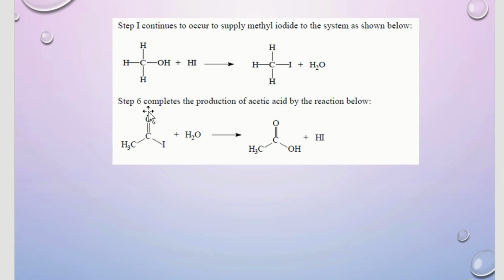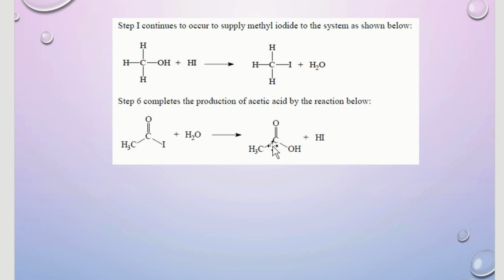And for step 6, complete the production of acetic acid by the reaction below. First, this is how the starting material can be produced, to proceed to undergo step 2, step 3, step 4, step 5 to produce our acetic acid.